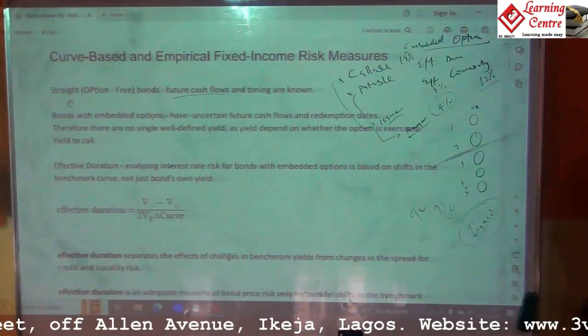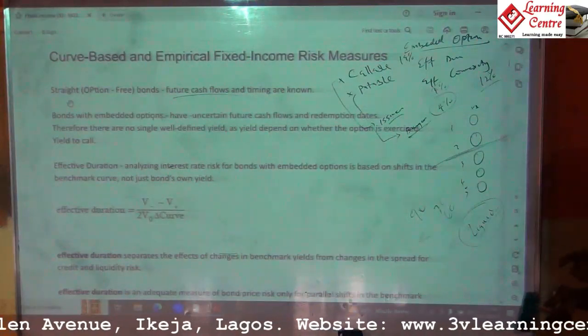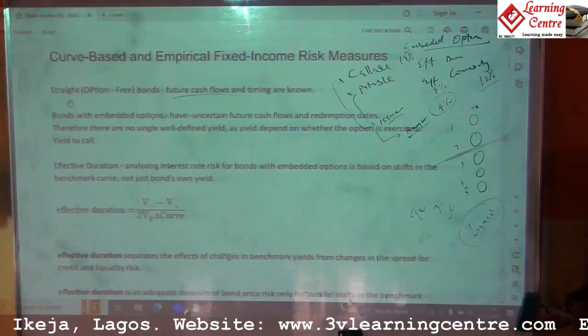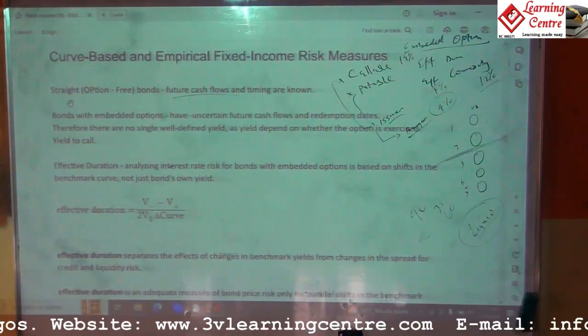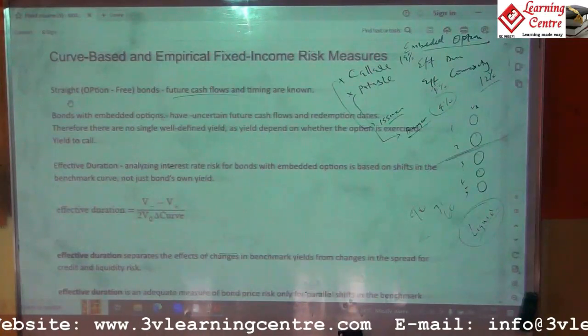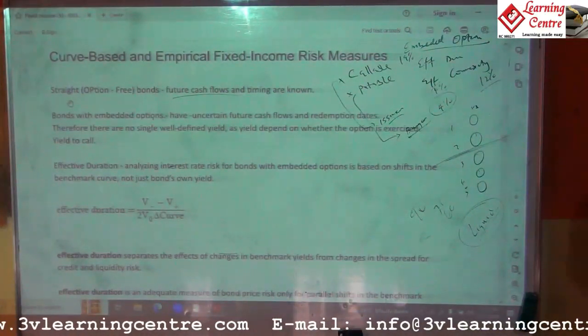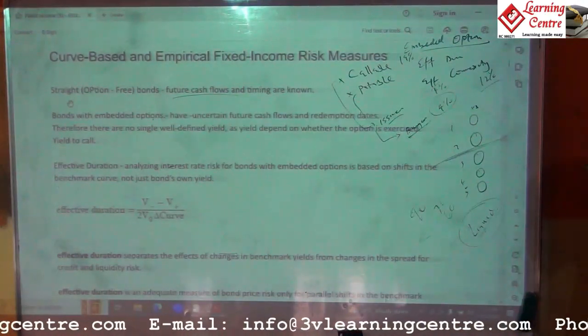So you can easily sell government bonds, FGN bonds, but when you come to subnationals or the Dangote bond, even at a discount, people are still not willing to buy it.